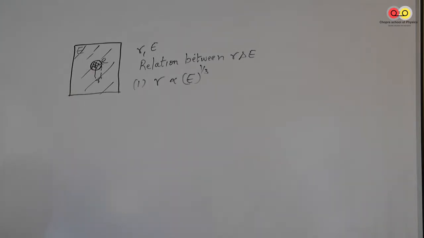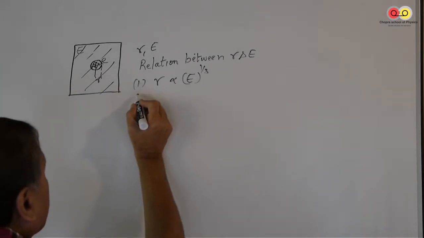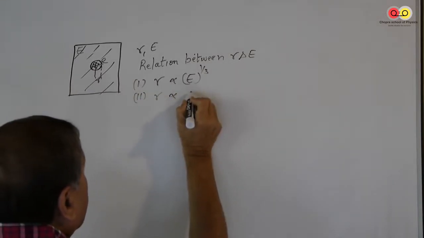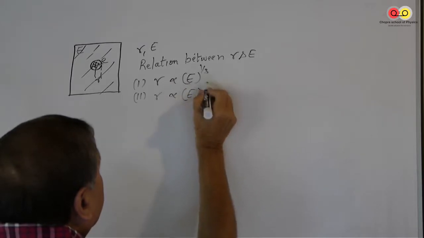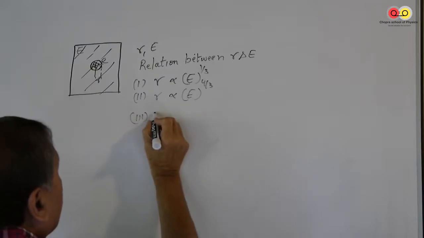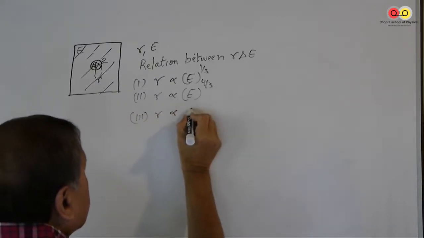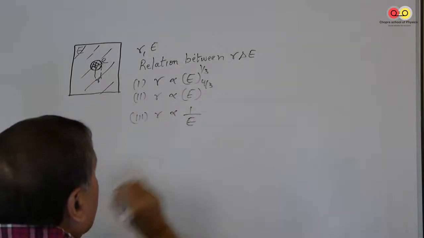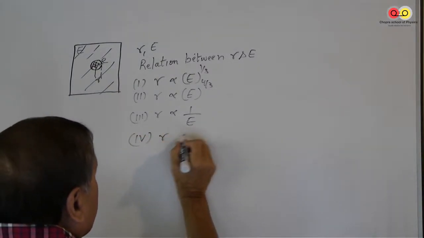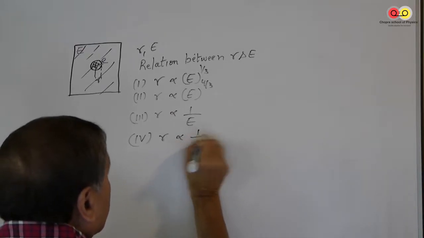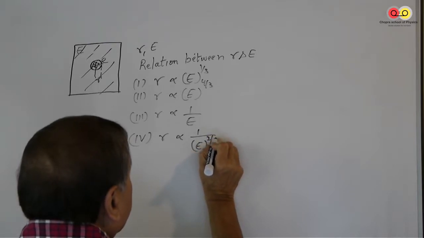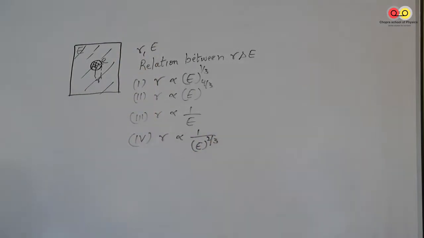Second, radius directly proportional to e to the power 4 by 3. The third, R is inversely proportional to e, and the fourth option, R is inversely proportional to e to the power 2 by 3. These are the four options.